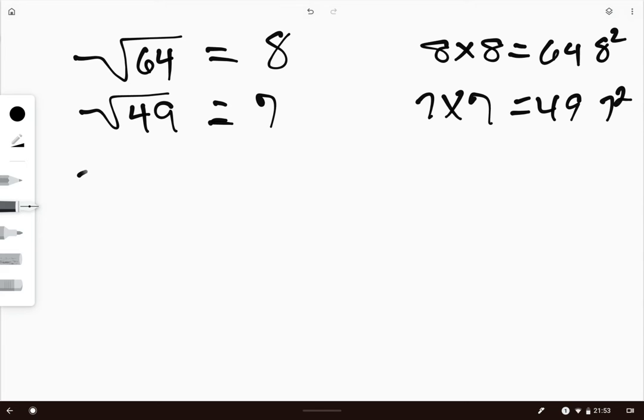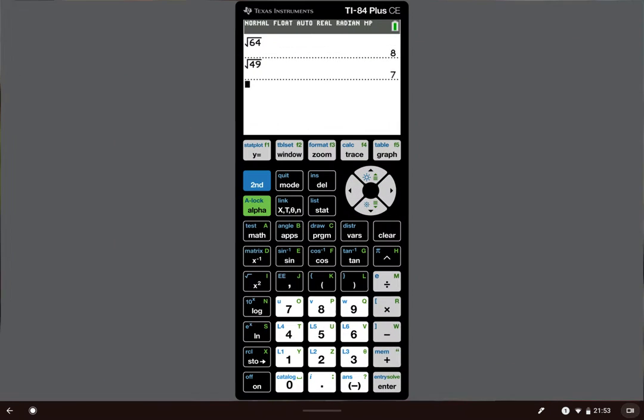So now, if I were to write 64 again, but this time I put a 3 in what we call the index position, I'm now looking for what number multiplied by itself 3 times is going to equal 64. So I come over to my calculator, and if you notice where the blue second function key is, you read down to the green alpha key, and right below that it says math.